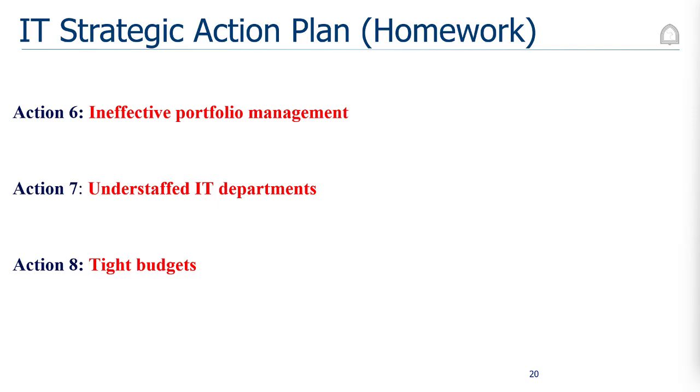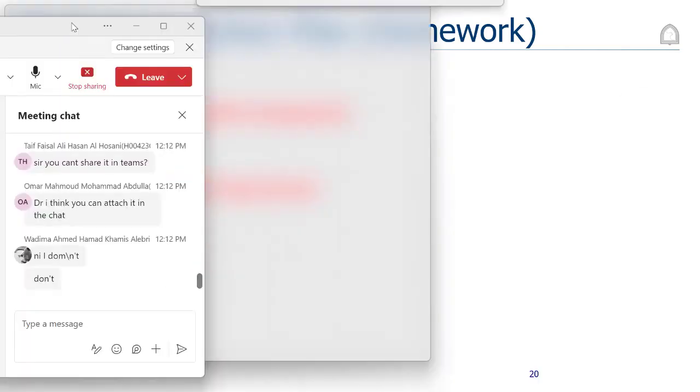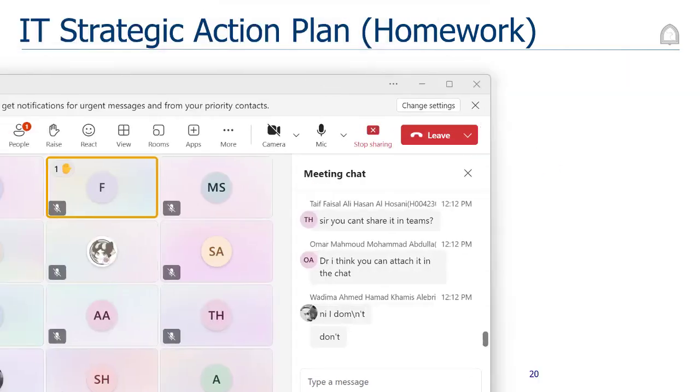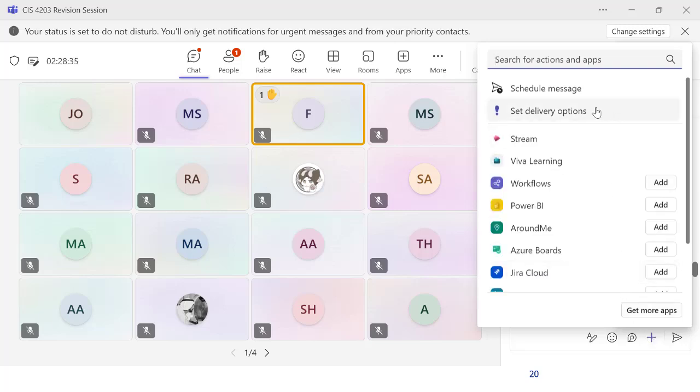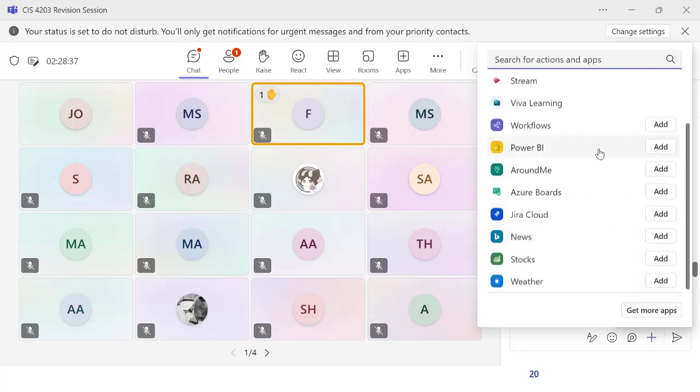Yeah, I can't share it in Teams. I don't know why. Omar, I can't. I've tried it. Let me share this screen so that you see. For some reason, if you go here, Omar, usually there's a place where you can attach, but I can't find the attaching place.